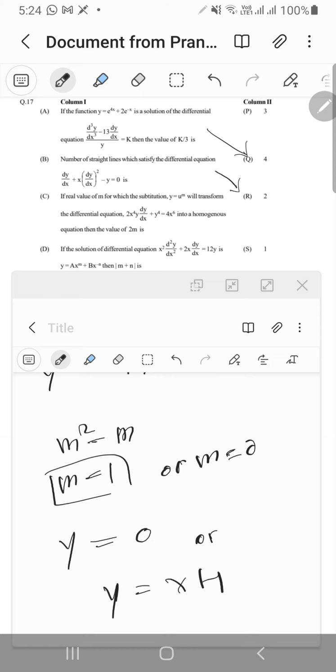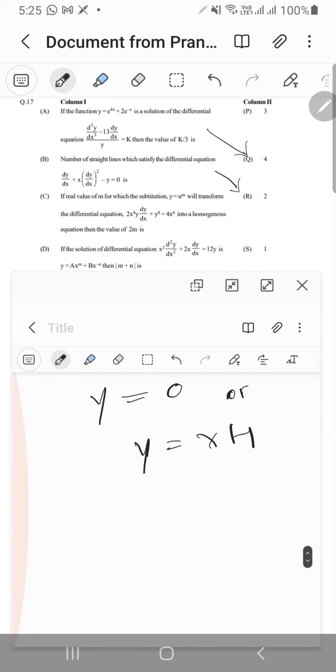If real values of m for which the substitution y equal to u power m will transform this differential equation into a homogeneous equation, then the value of 2m is, oh, okay. Will transform the differential equation into homogeneous. Wait, what?